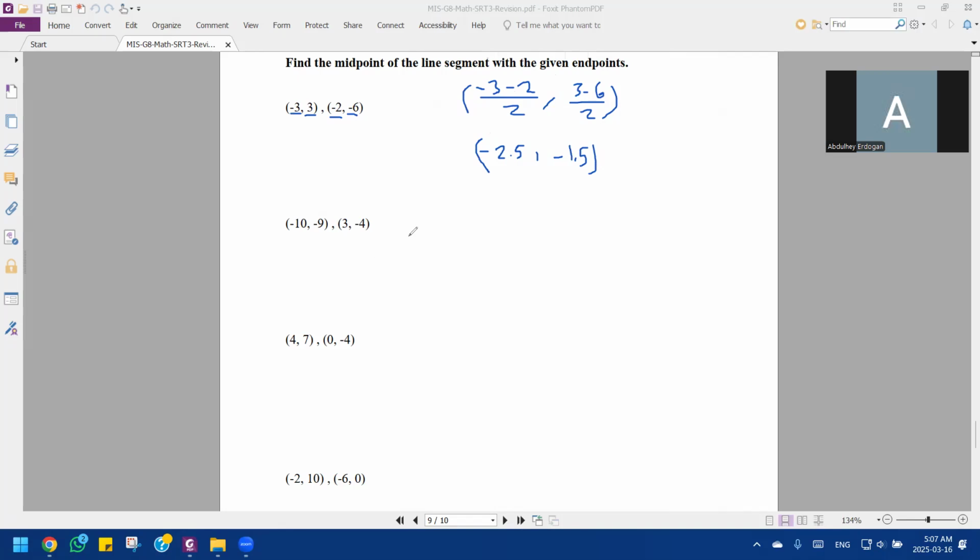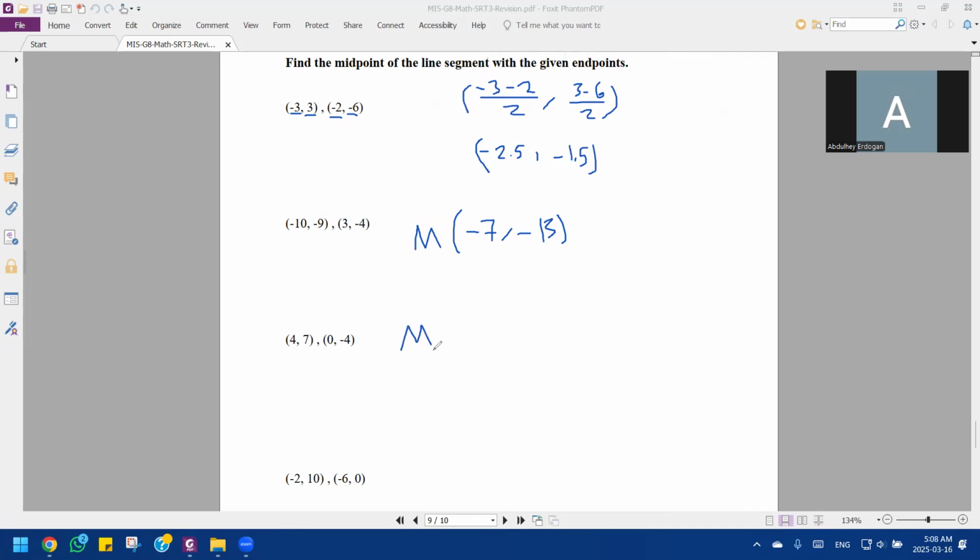Next one, let me write the answer directly. Minus 3 minus 10. Sorry, minus 10 plus 3, this is minus 7. Now, minus 9 minus 4, this is minus 13. They have the same sign, so we add them. This is the midpoint.